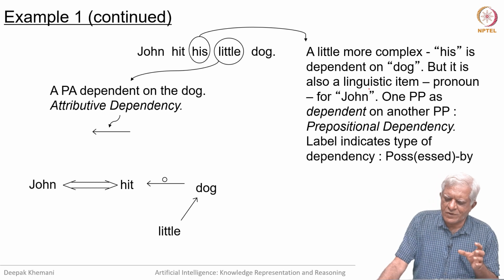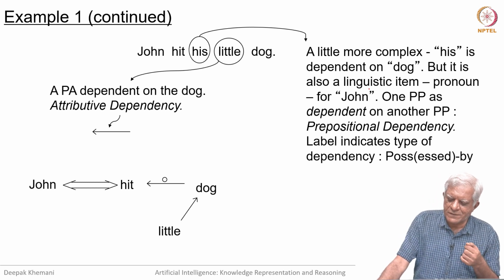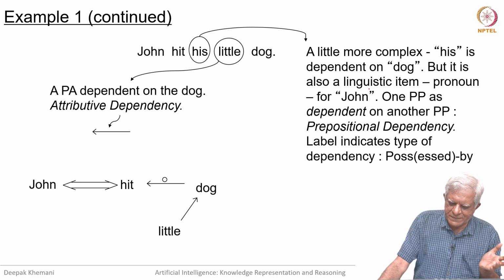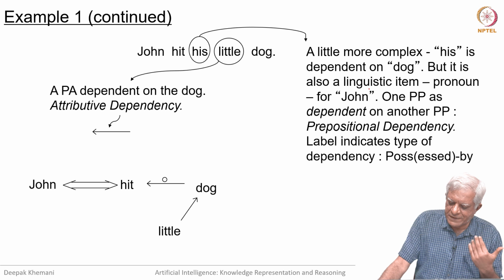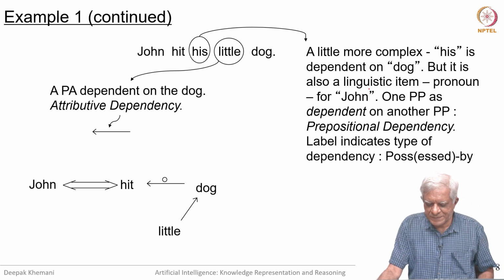His is a little bit more complex. First of all, it is a pronoun. It is a linguistic item which stands for something else, in this case for John. So, one picture producer is dependent on another picture producer. The prepositional dependency label indicates the type of dependency, possessed by.